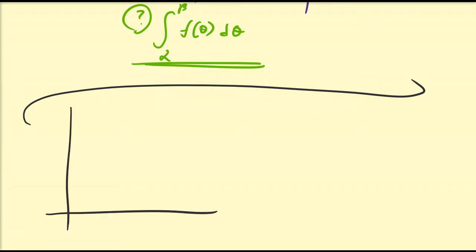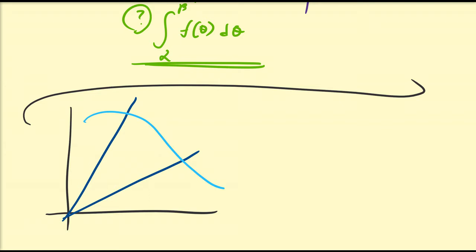Let's assume we have some area bounded by two vectors characterized by the angles alpha and beta, and we know this is some curve, let's call it r of theta, because in polar coordinates we have two coordinates, theta and r, the radius. How can we approximate this shaded area?